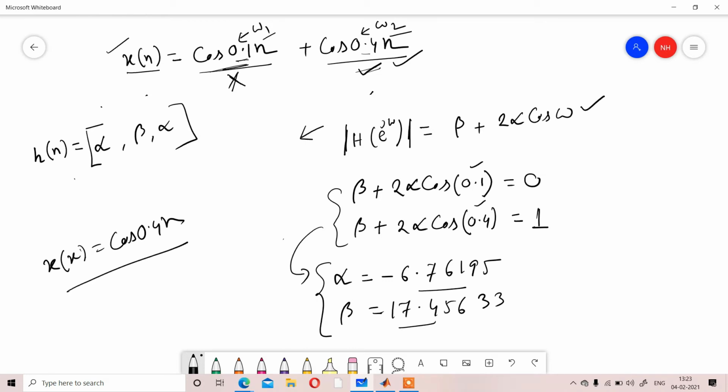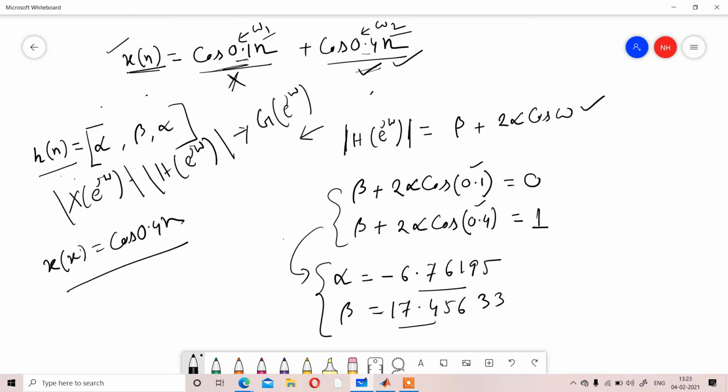Okay, so what we will do? Simply you represent x[n] as X(e^jω) and h[n] as H(e^jω). You will multiply X(e^jω) by H(e^jω). Whatever response you get, suppose that is G(e^jω). That G(e^jω) will be the spectrum of the filtered sequence.